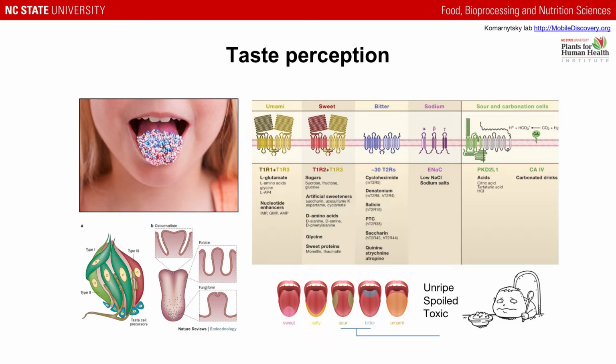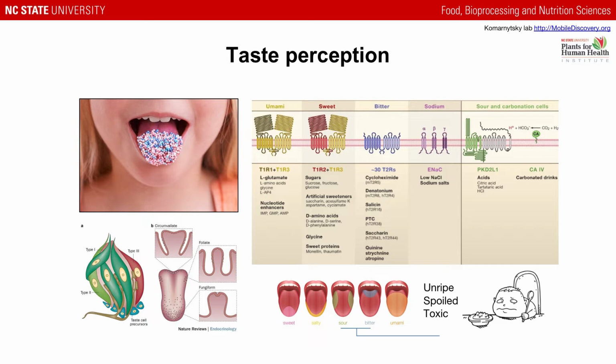Some other organisms will have more or less of them, but they are always present in significant numbers. Their structures are slightly different, and they recognize different compounds. Okay? So even though they perceive the signal and transduce the signal as bitter to our brain, the variety of the compounds which cause bitter taste is enormous.